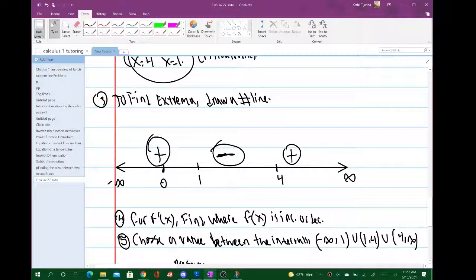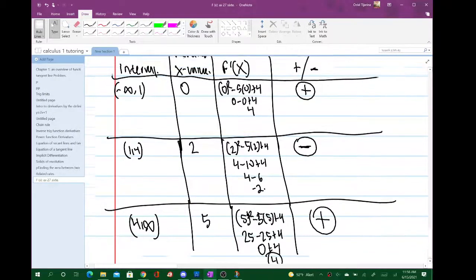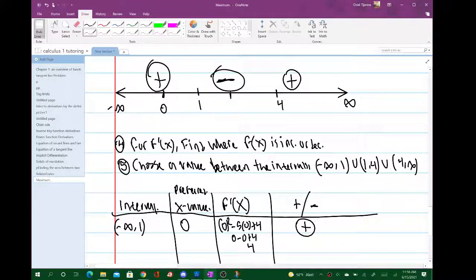Now what does this mean? Let me label the numbers here. These are just the numbers that I chose.